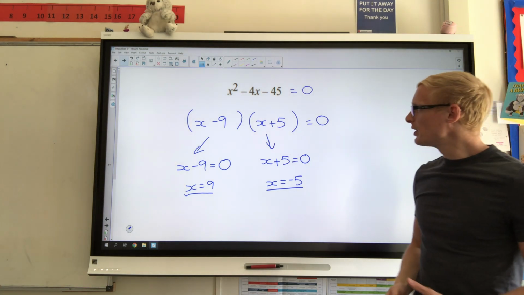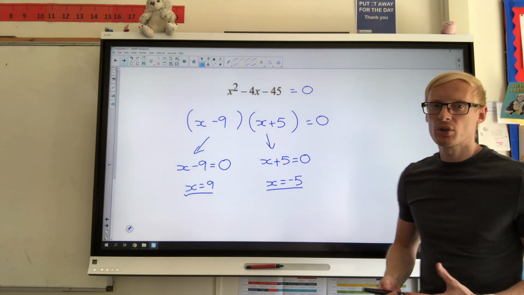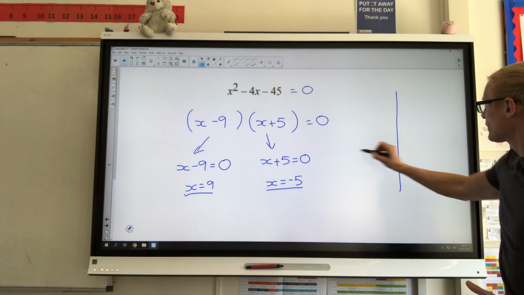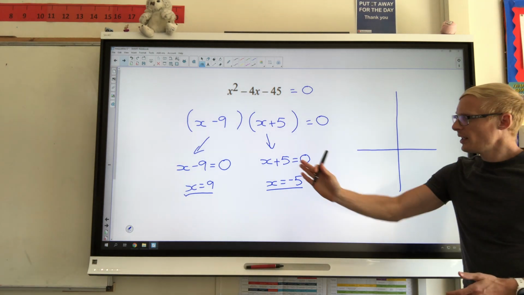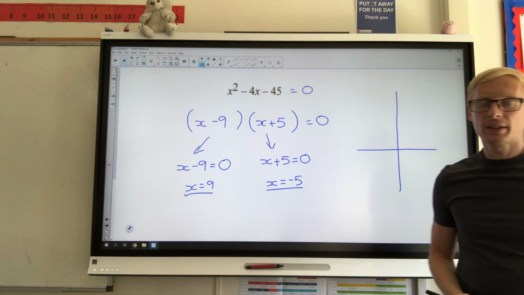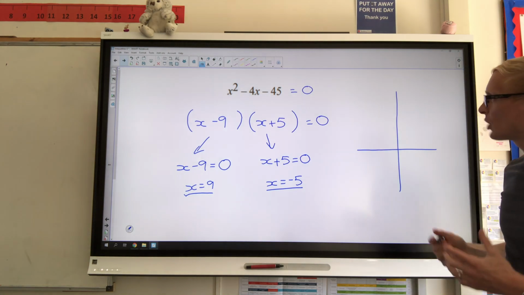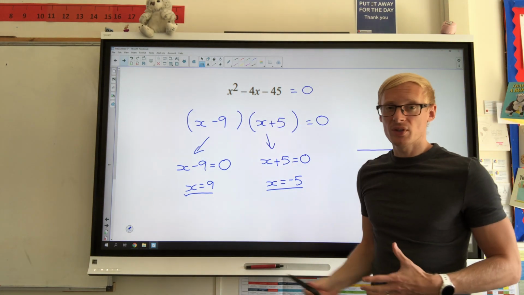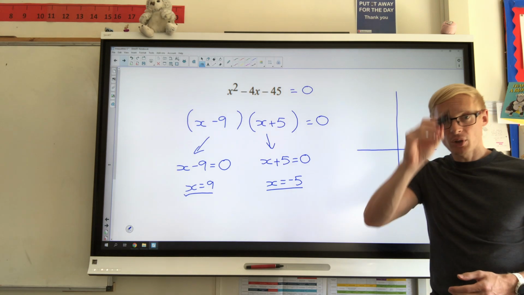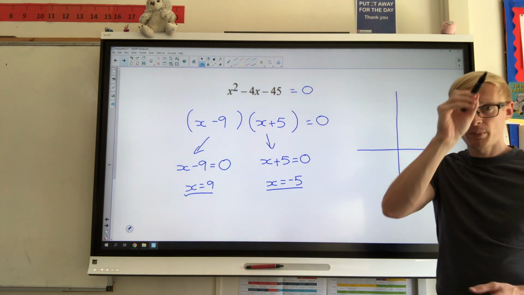And now the final part of this is how does this translate to a sketch? So if you imagine you've got some axes here, how does this relate to the quadratic on a sketch? So the shape of a quadratic when x squared is positive is the parabola, so that kind of U shape.